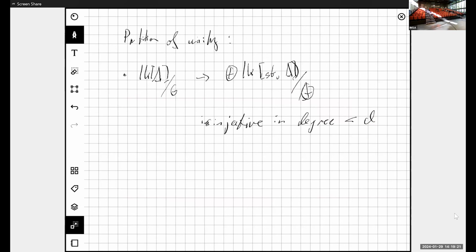Now I promised you that we also talk about manifolds a little. So what happens if delta is a manifold, instead of Cohen-Macaulay?